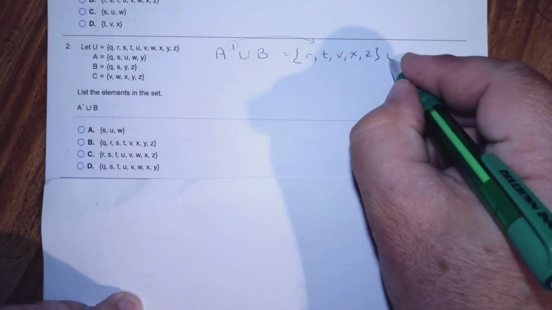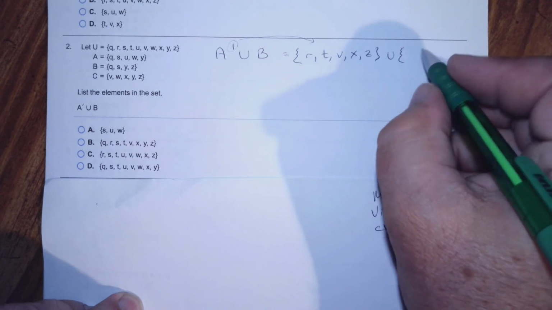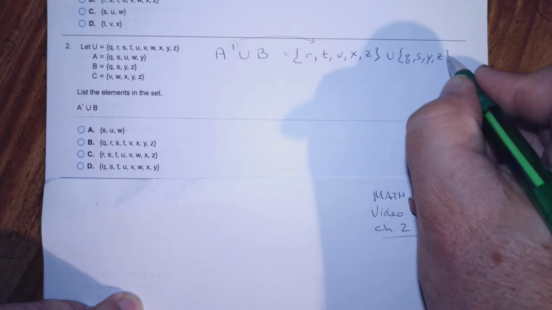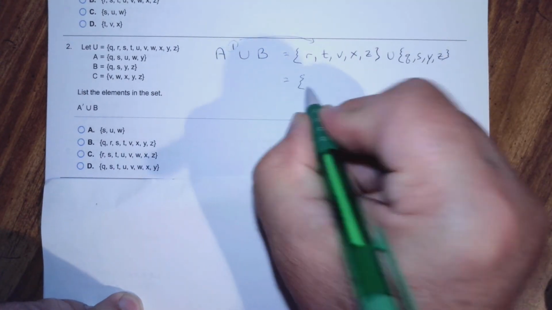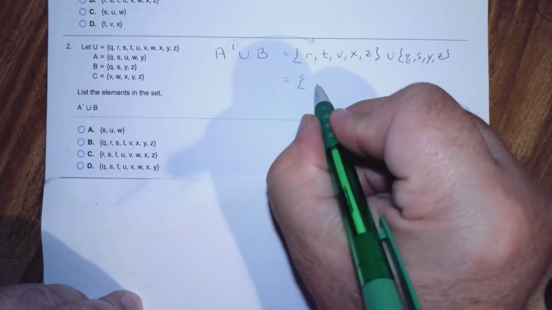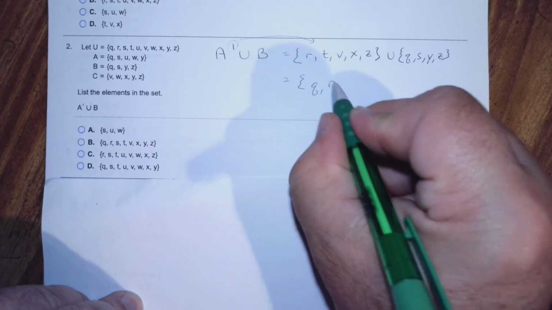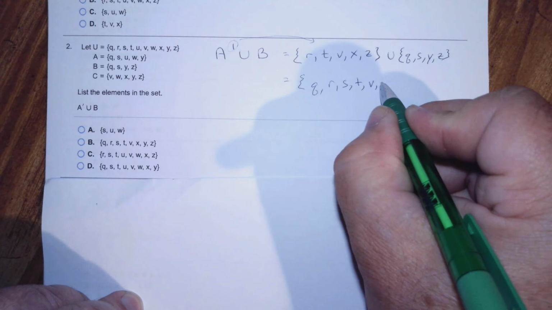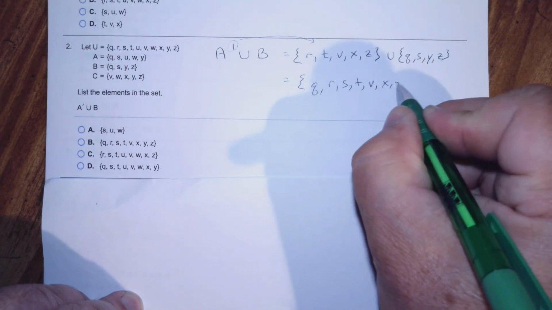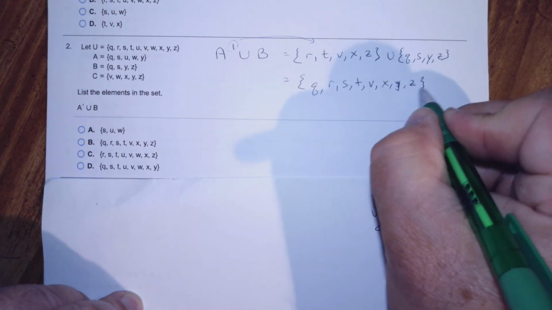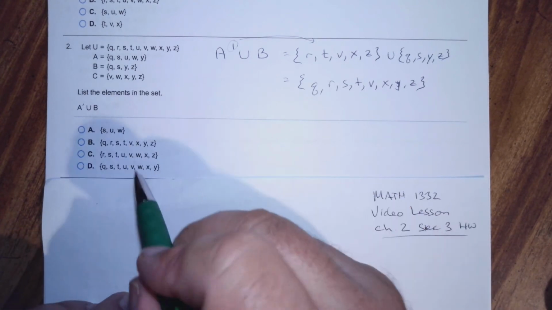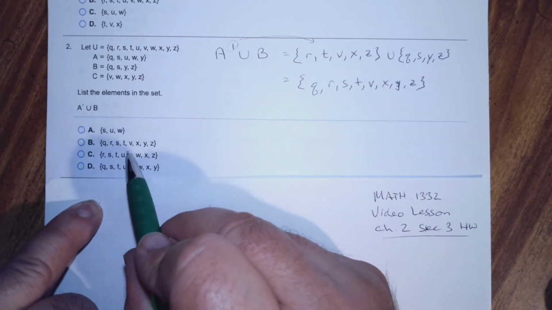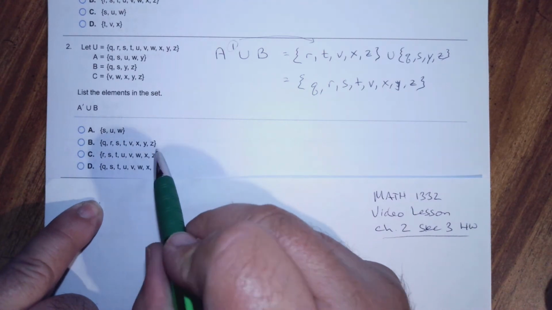And if we union it with the set of B, Q, S, Y, Z, we get the set Q, R, S, T, V, X, Y, Z.